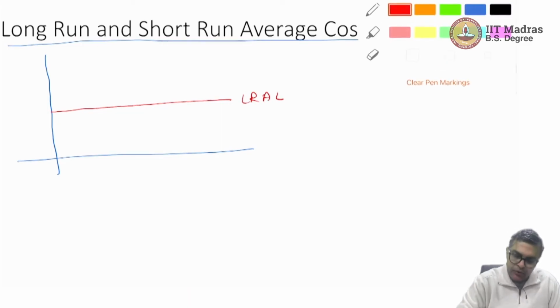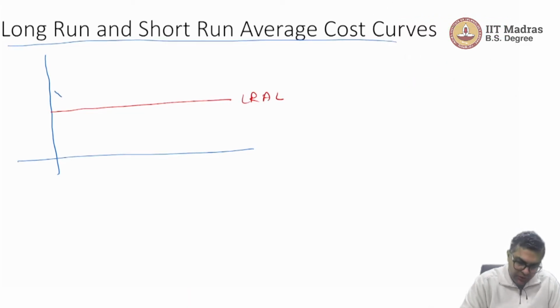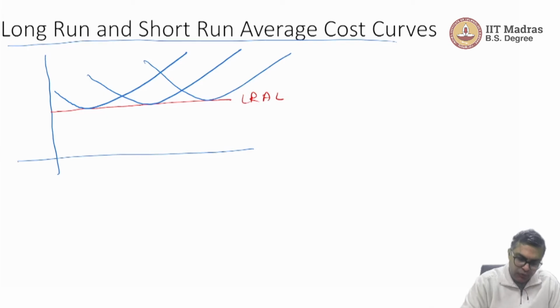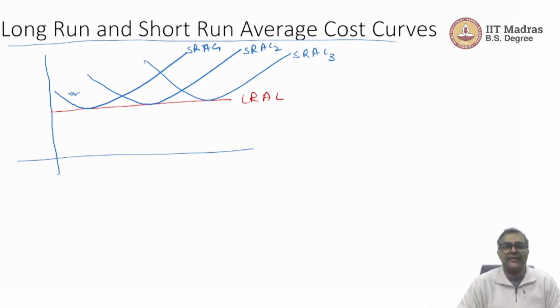And now the short run average cost would depend on the amount of capital that a firm is using. Of course, this is the short run average cost for the first case when capital is lowest, short run average cost for when capital is at a middle level, short run average cost for capital at a higher level.